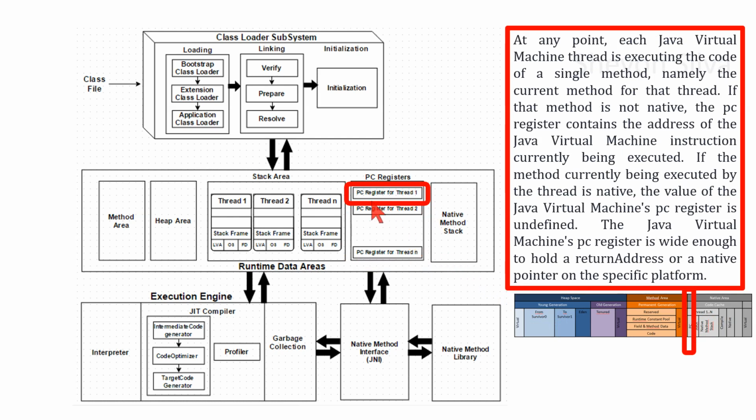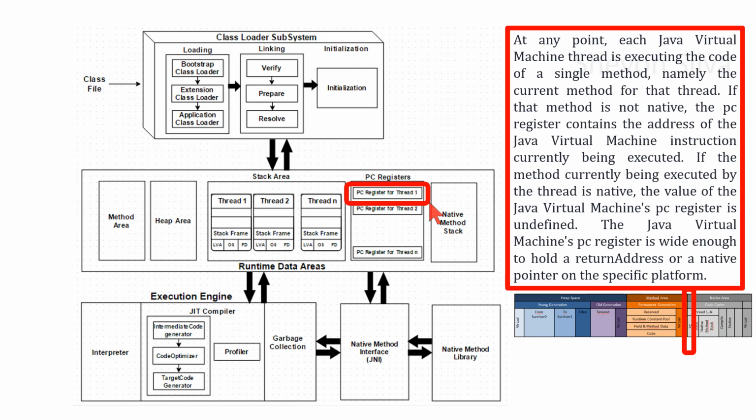Now we are focusing on the PC register for a thread. At any point, each Java virtual machine thread is executing the code of a single method, namely the current method for that thread. If that method is not native, the PC register contains the address of the Java virtual machine instruction currently being executed.